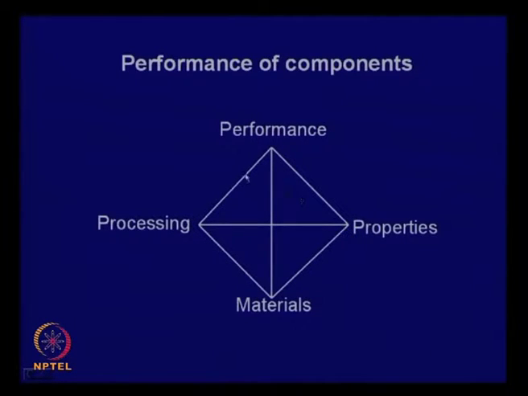And whenever we select a material, it is with a specific objective, it has to perform well in service. Now, this performance criteria may vary from component to component. For certain components, we will look at certain specific properties. Suppose we are selecting a material for a cutting tool or a hacksaw, what we will look for is whether the material is extremely hard, can be hardened so that it can cut most materials.